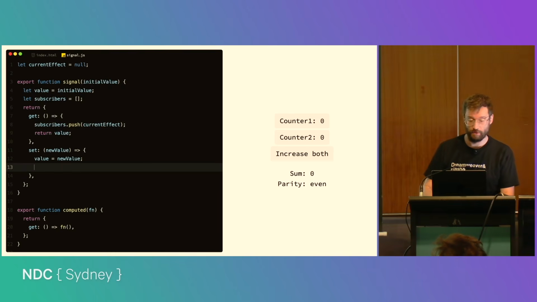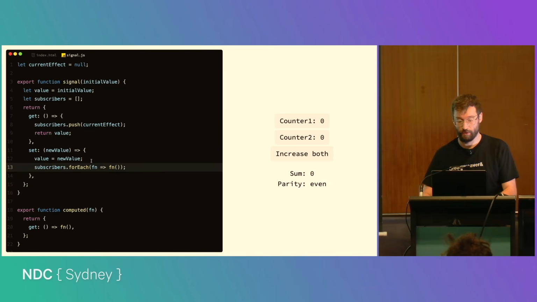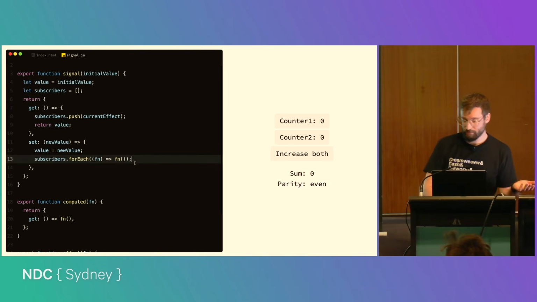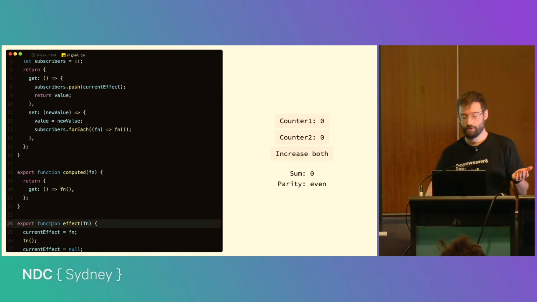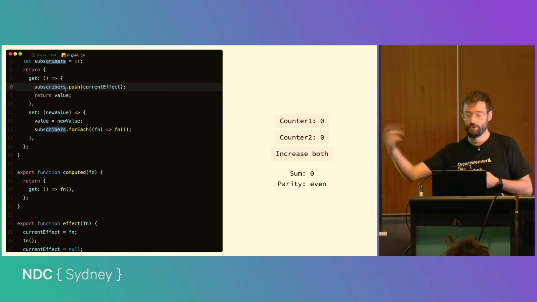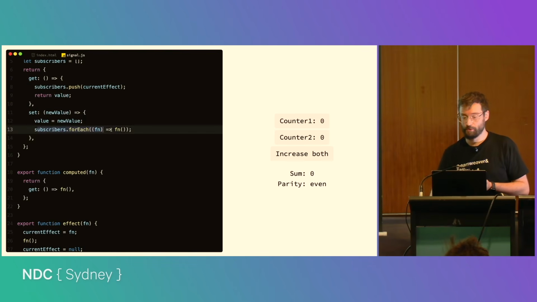And then whenever our value actually changes, we loop over the subscribers and have them recalculate their things or rerun the effects or whatever. So fundamentally, we have some form of effects. Whenever these effects run, we want to keep track of what signals they are using. Whenever these signals change, we let all of these subscribers know that the signal changed.